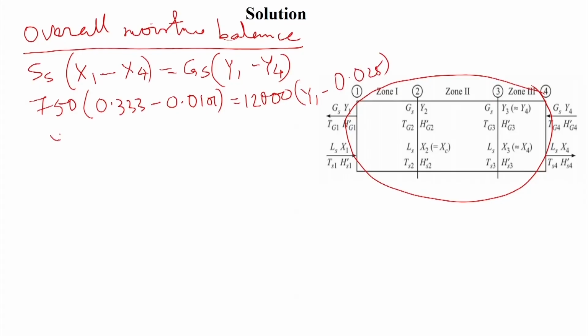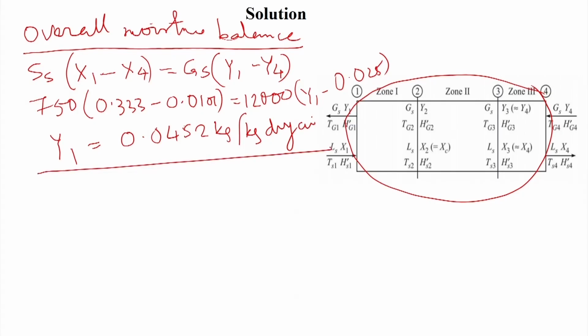From here we get Y 1 equal to 0.0452 kg per kg dry air. So now we have got Y 1, the moisture content of the drying air which is leaving the dryer.